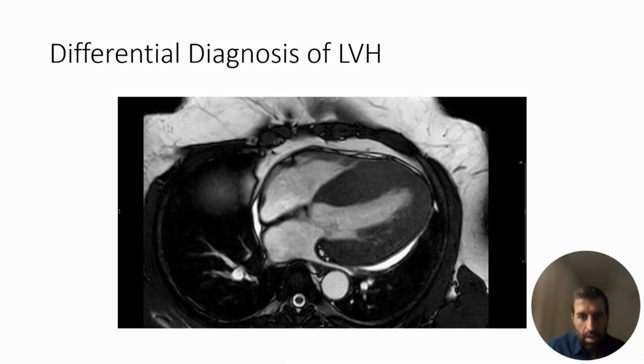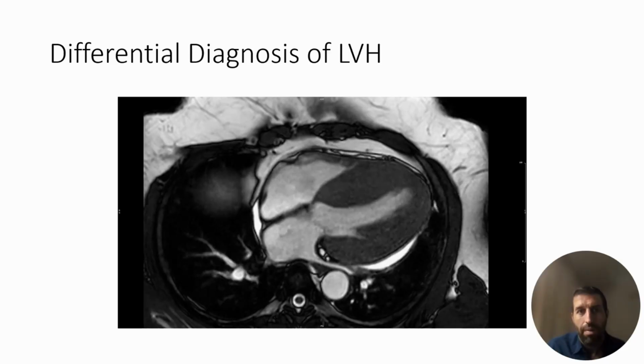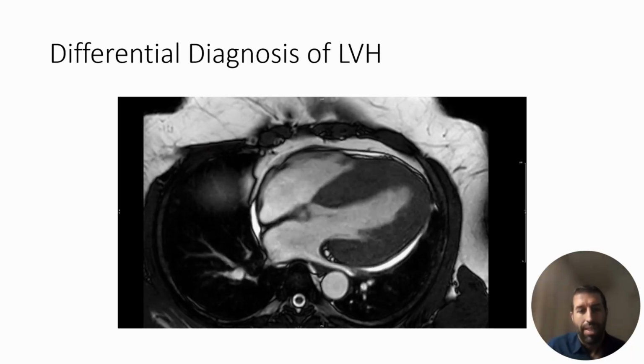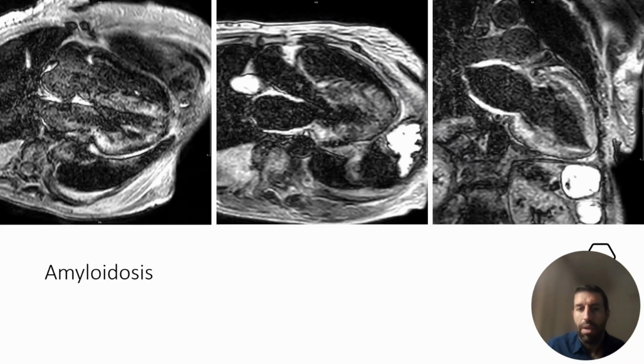The role of CMR in differential diagnosis of left ventricular hypertrophy is unique. Here we have a nice case of amyloidosis with extensive subendocardial late gadolinium enhancement of the left ventricle and the left atrial as well.